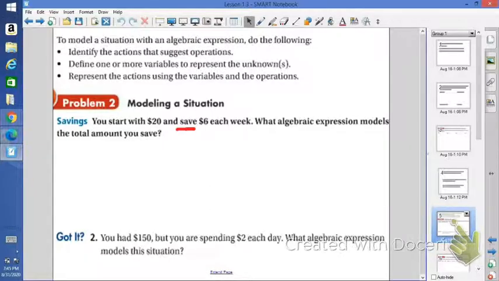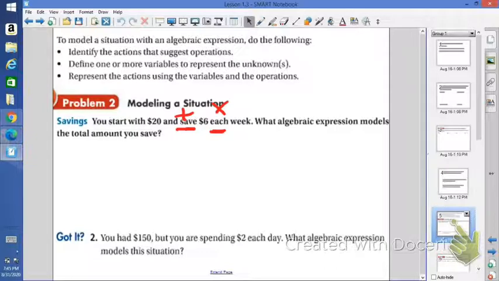So save is a word that would mean addition, so maybe you can go back and add that to your list. And whenever you see each, that usually represents multiplication. So we identified the words that suggest the operations that we're using. That was the first step.